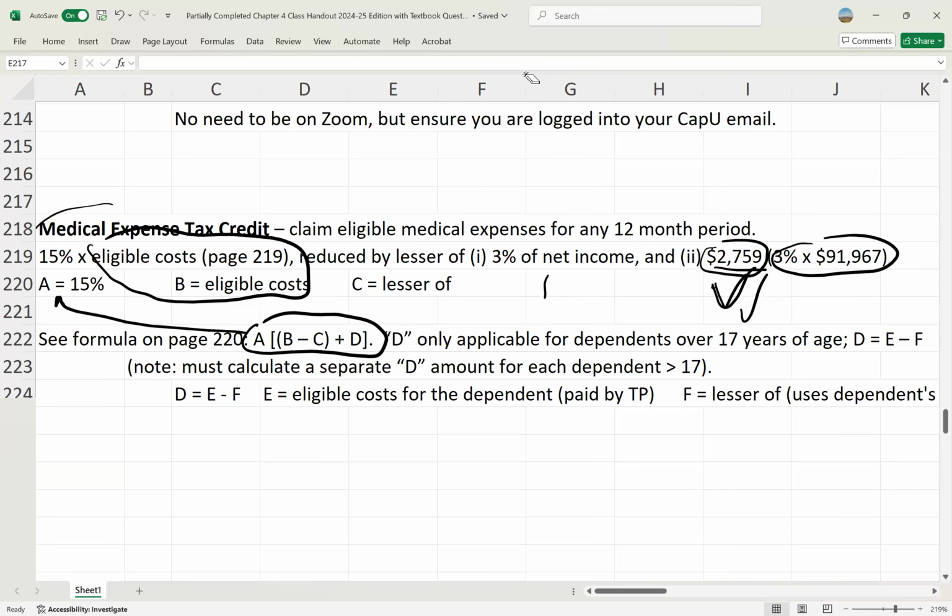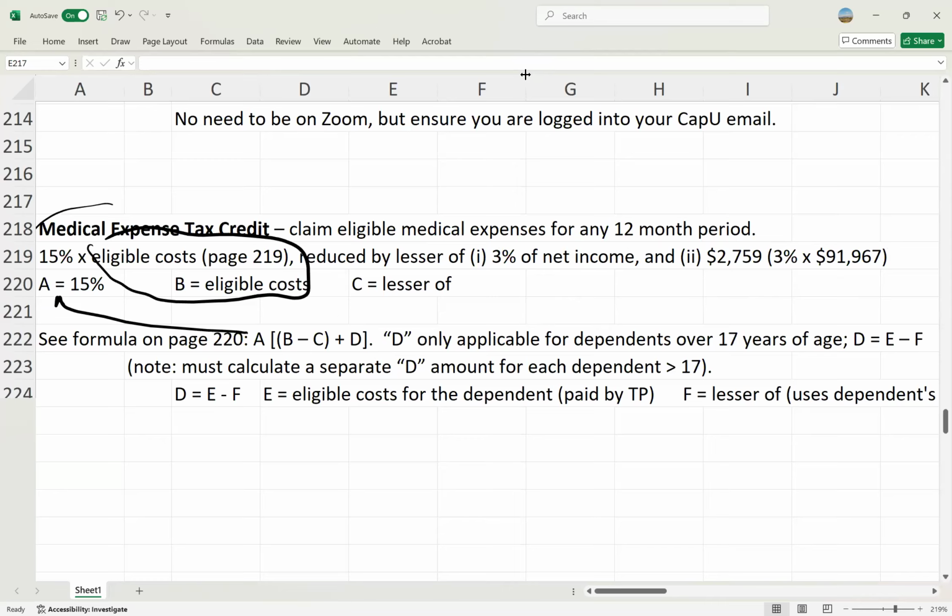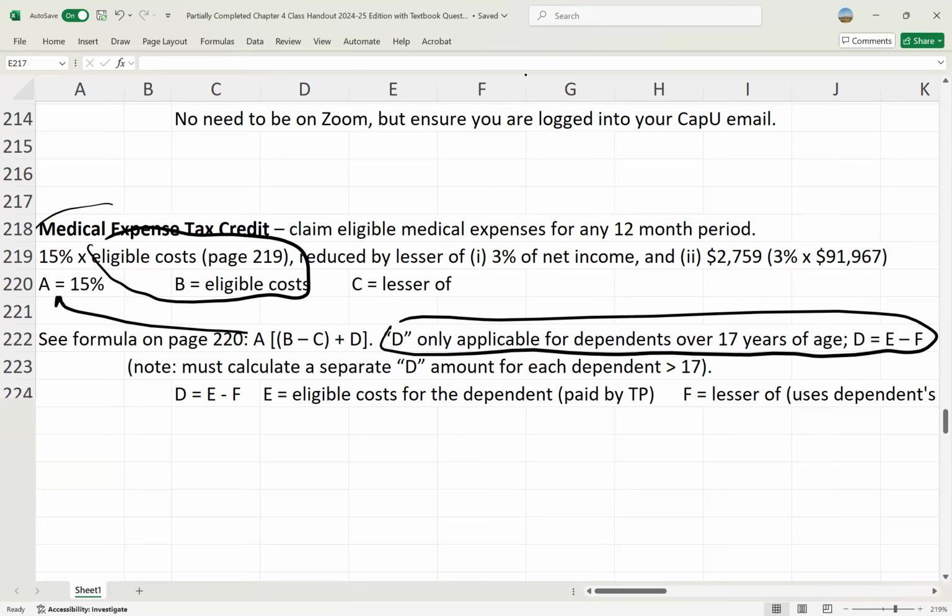So this is basically saying that there's some level of medical expenses that you have to bear entirely on your own. And once you exceed that C limit, then you can start claiming the excess amount for this medical expense tax credit. The D amount is only applicable if you are paying for medical expenses for dependents that are over 17.